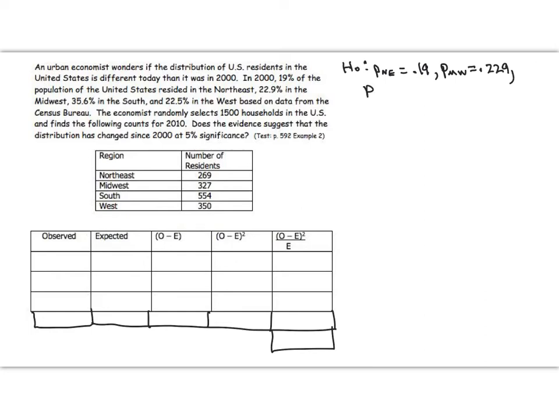And the proportion from the South, very large proportion, is 0.356. And the proportion from the West is 0.225. Wow, I'm really surprised. I thought the Northeast had a lot of people in it. All right, anyways, our alternate hypothesis is that at least one proportion is different from our claim.